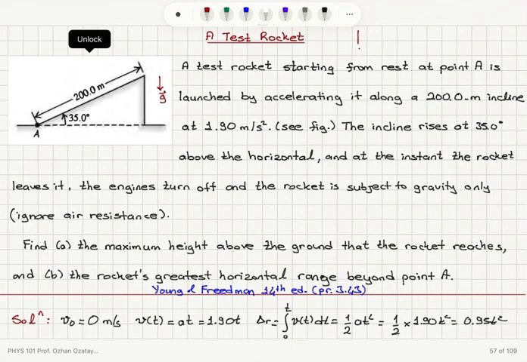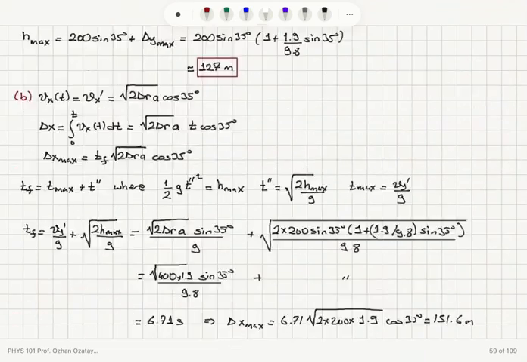Starting our timer at this point, at the top of the incline, how long does it take to finish the projectile motion? So we start with this initial velocity and we reach the ground. How long does it take? That is vy prime over g, the time to reach the maximum height, plus the time to fall from the maximum height to the ground.